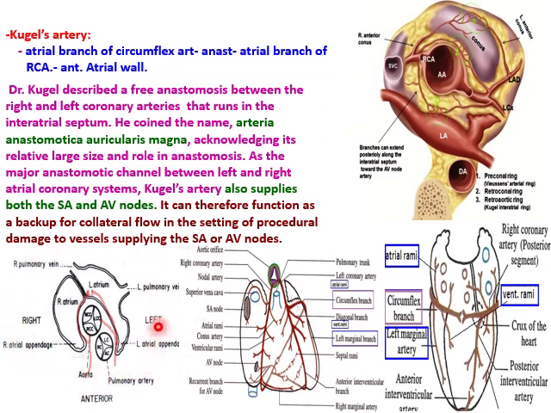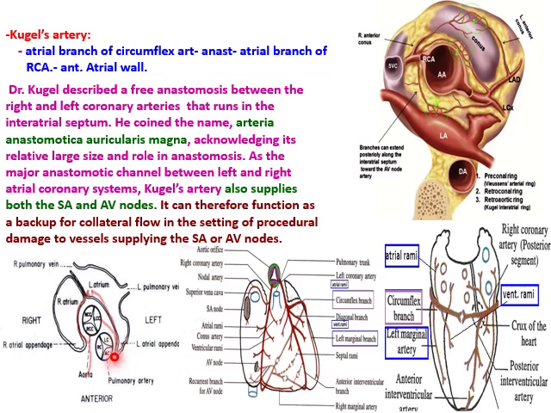Here you can see a diagrammatic representation. This is the right atrium, this is the left atrium, the pulmonary trunk and the ascending aorta, which gives rise to the right and left coronary arteries. The left coronary artery gives rise to its terminal branches, the circumflex and anterior interventricular artery.